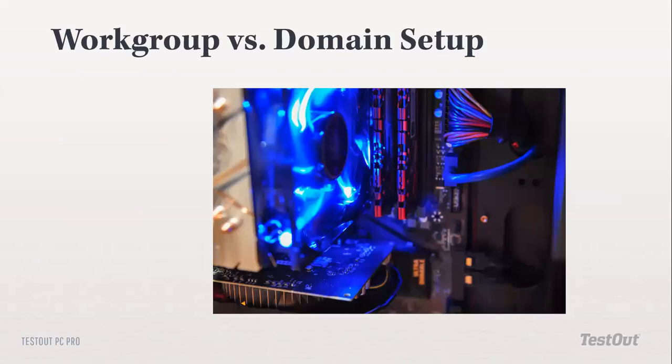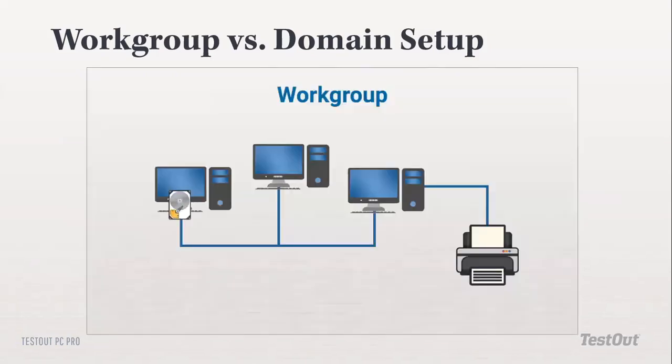We're going to talk about what a work group is versus what a domain is. A work group is that implementation where you simply interconnect every single device to every other device within that system. You can see here that we have PCA, PCB, and PCC that are all interconnected to each other. PCA is the one that acts as their server, and PCB and C are just users.